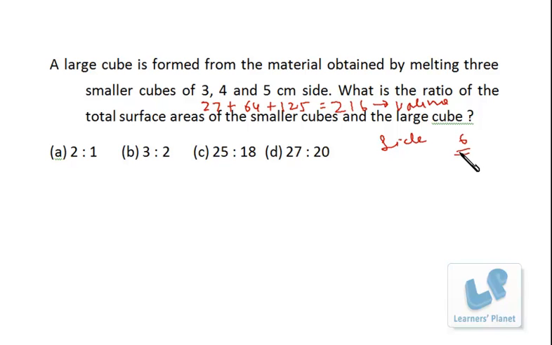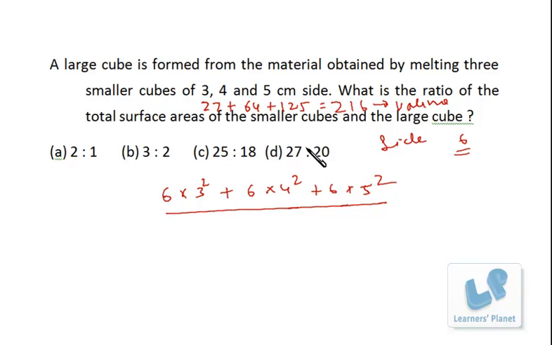Now we have to find out the ratio of surface areas. Now what is the surface area of a cube? That is 6 into side square. Now first of all, we have to find out the surface area of individual smaller cubes. So this is 6 into side square plus this is also 6 into side square and this is also 6 into side square, divided by the surface area of the larger cube, that is 6 into side square.